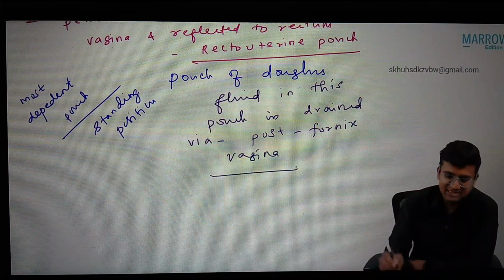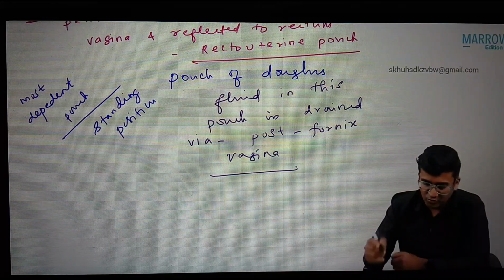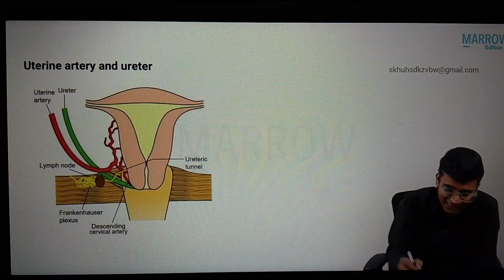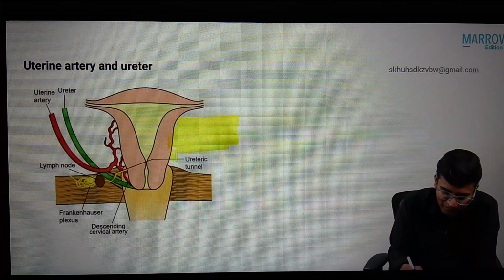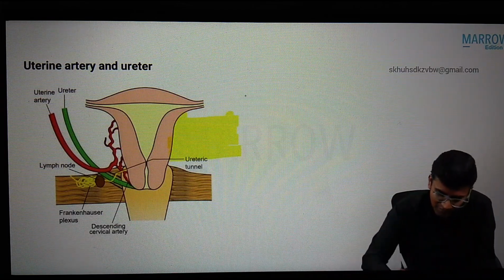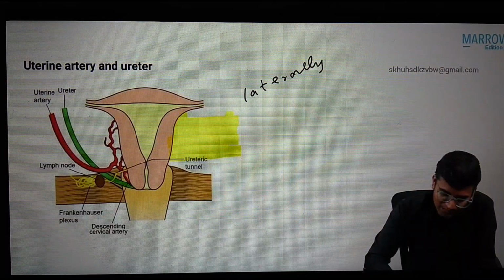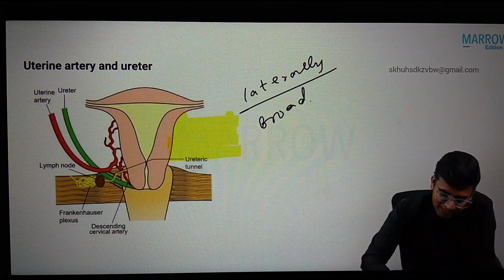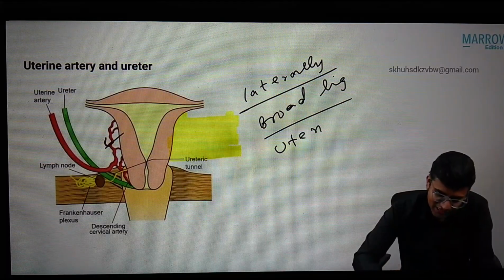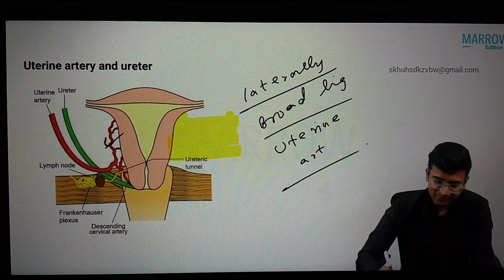Now, what are the structures present on the lateral side of the body? In the lateral border, we have the broad ligament, and we also see an artery. Which artery? Uterine artery.